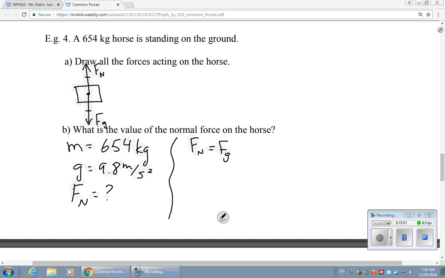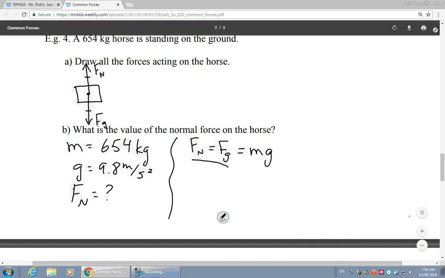And just be careful of that, because it's going to happen a lot where normal force will often be the exact opposite force to gravity, and they will cancel each other out. But if we're ever standing on angled ground, like on a ramp, or if there are any other forces pushing down or pulling up, then this statement here will not be true anymore. It just happens to be true in this case because we're on horizontal ground and there's nothing else pushing down or pulling up. So our normal force will be equal to our gravitational force, which means we can use our formula for gravity to help us solve from there.